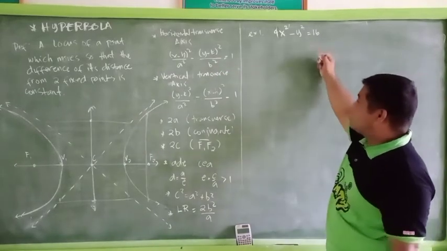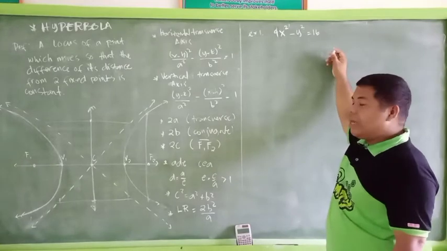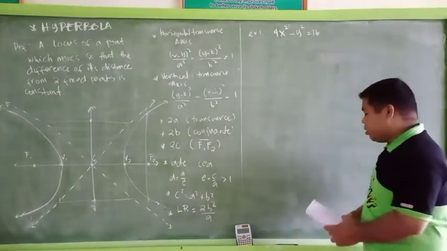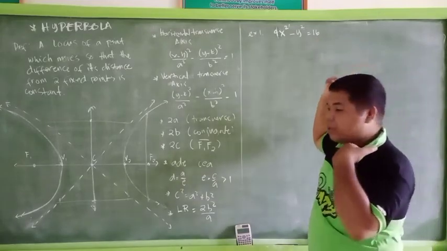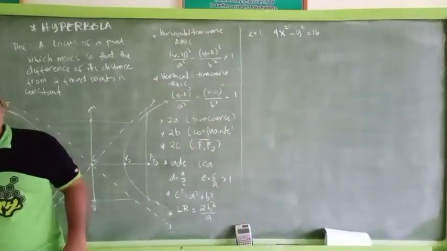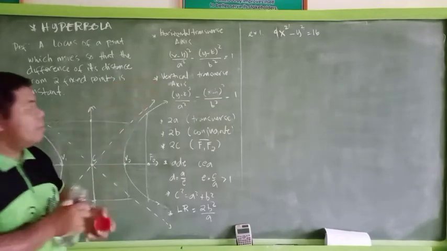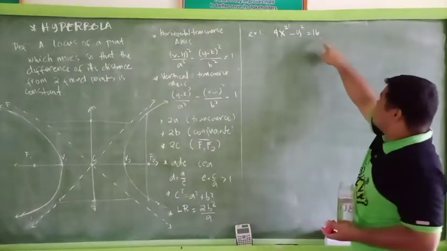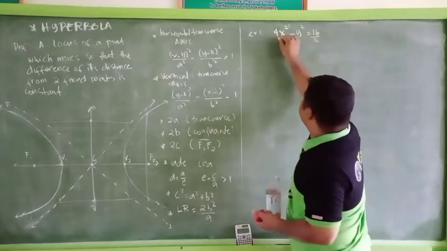Sige, paano natin siya isa-solve? First and foremost, dapat i-convert muna natin siya into standard. Dapat yung right side ng equation natin is equal to 1. Kung mapapansin natin, 16 yung nandito sa right. So, paano ito magiging 1? I-divide natin siya by itself, 16.